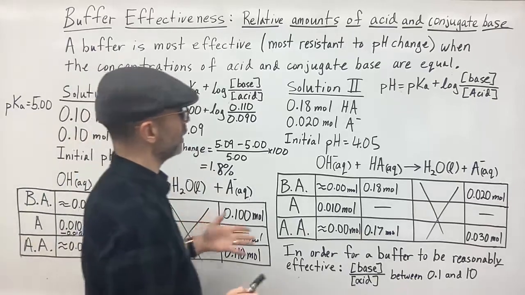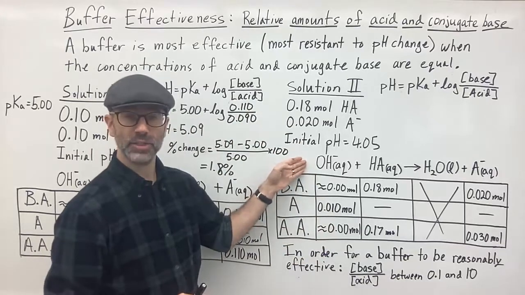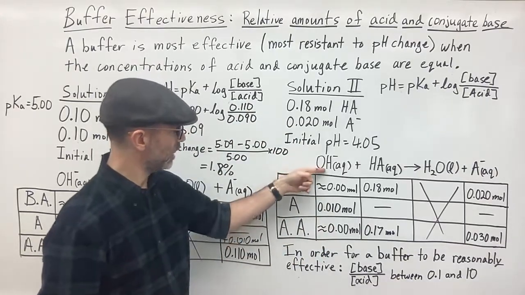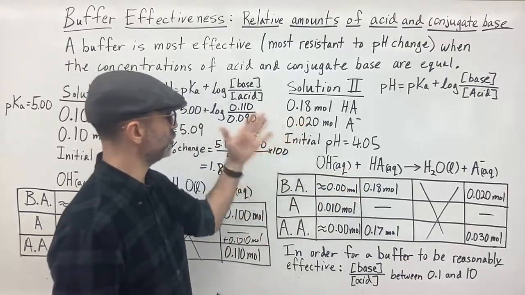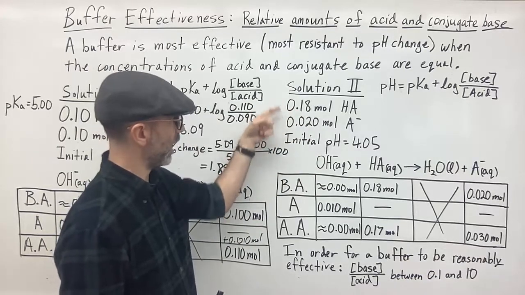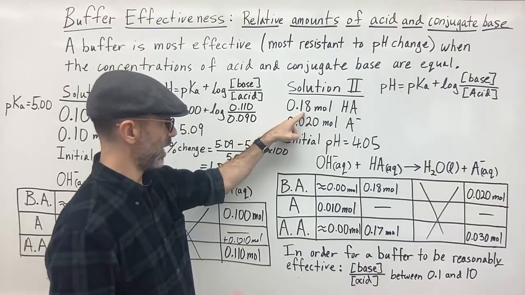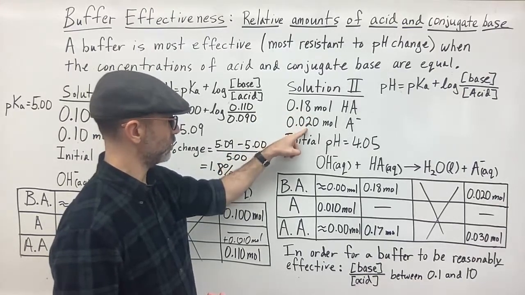So let's do the same thing for this solution. Same reaction, same acid, so we're going to have the same equation here. The only thing that's changed is the relative amounts of acid and base. Here we have a lot more acid versus our conjugate base.